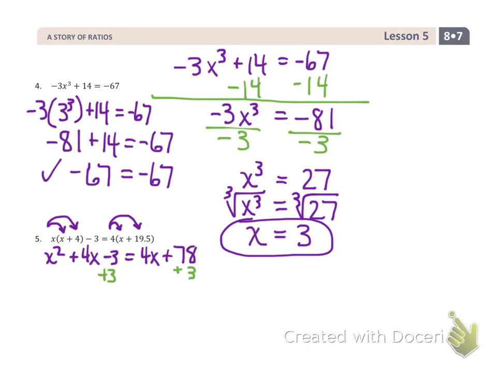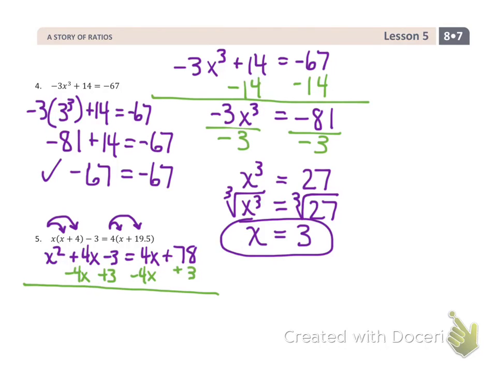We can actually do 2 steps at once here. We'll add 3 and we will also subtract 4x from both sides. You can do those in 2 steps, but you can also do it in 1. All right, so 4x minus 4x is 0. And negative 3 plus 3 is 0.